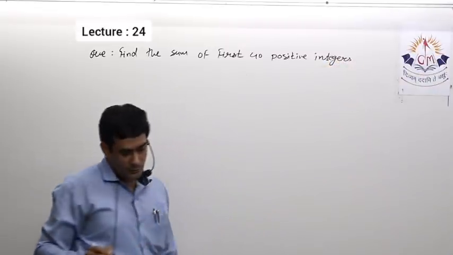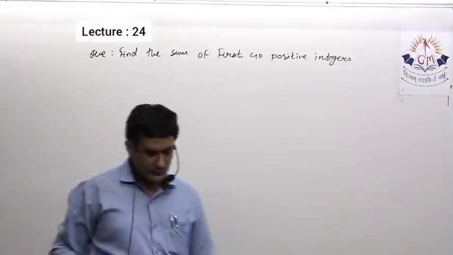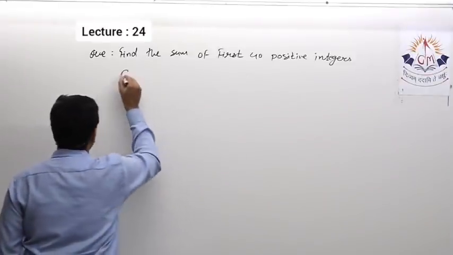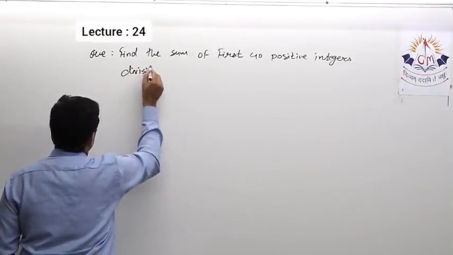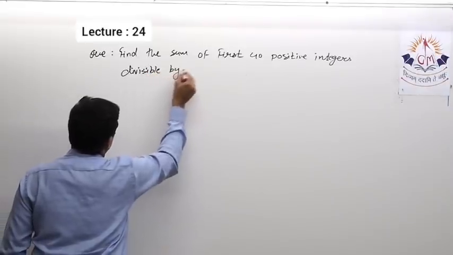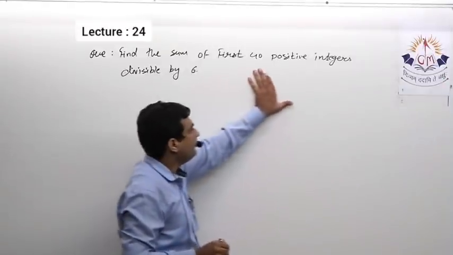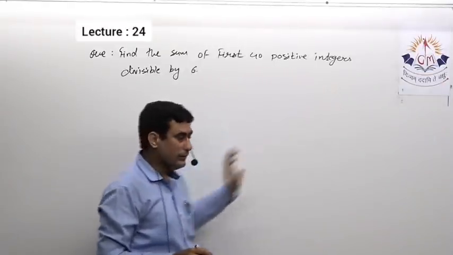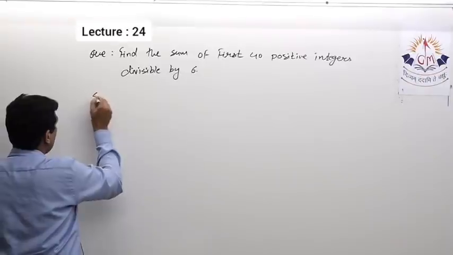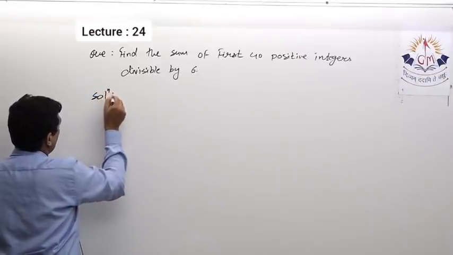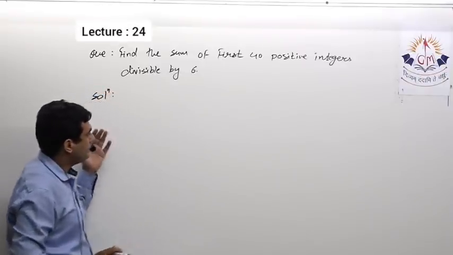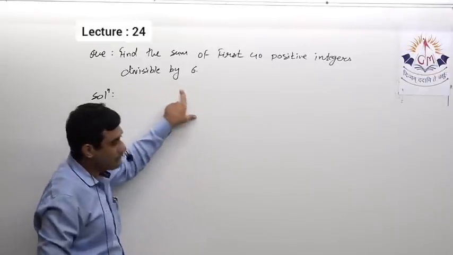Find the sum of first 40 positive integers divisible by 6. Okay, so first of all, we have to find the first 40 positive integers which are divisible by 6.